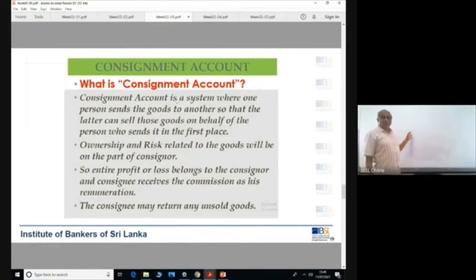He will get a commission as his remuneration. Only a commission, 10%, 25%, 30% commission. A commission is a remuneration. He has to remit back to the consignor.